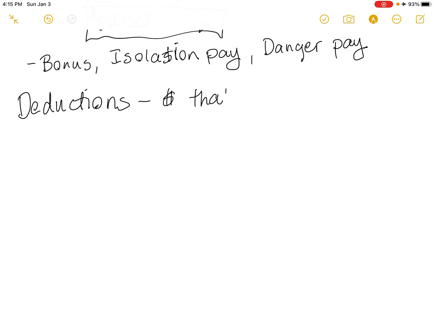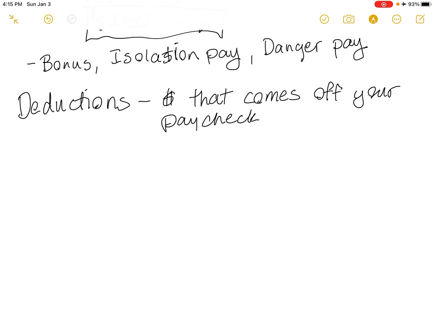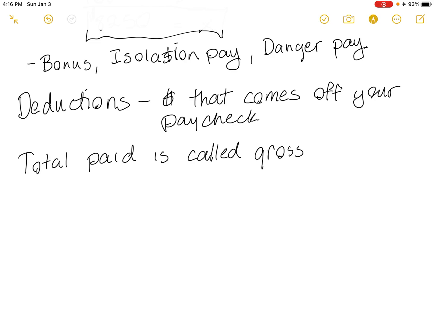And this is money that comes off your paycheck. Okay, so the total amount that you're paid is called your gross pay or your gross income.